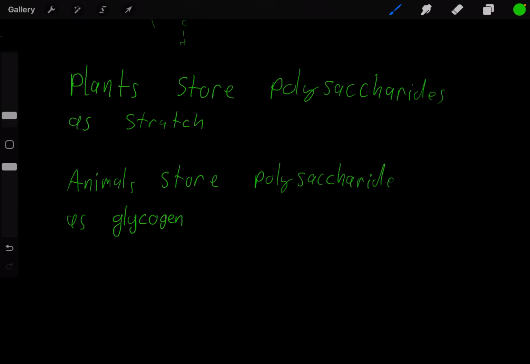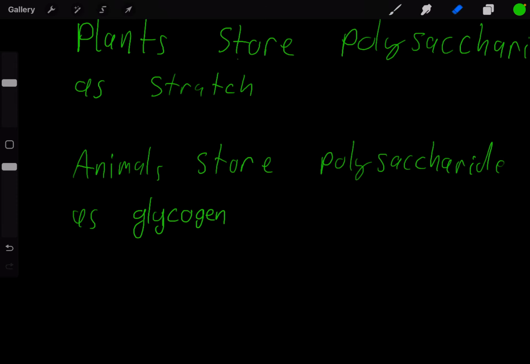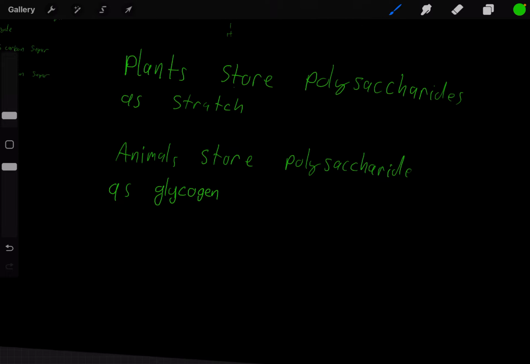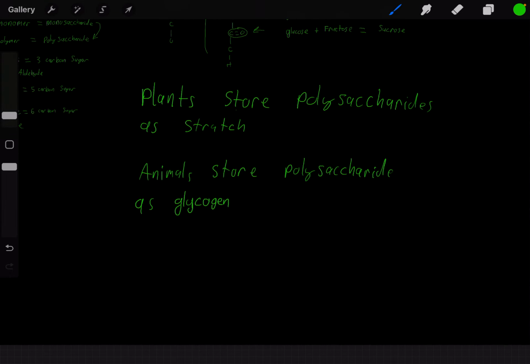So animals store polysaccharides as glycogen, and plants store them as starch. That's also really important to know.